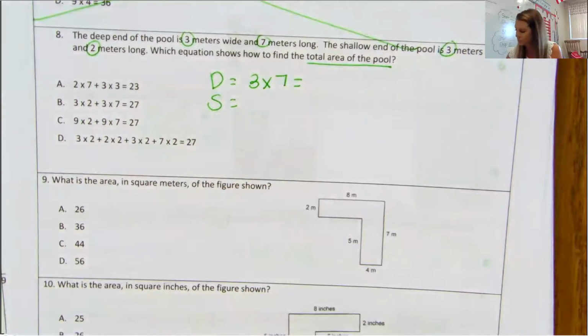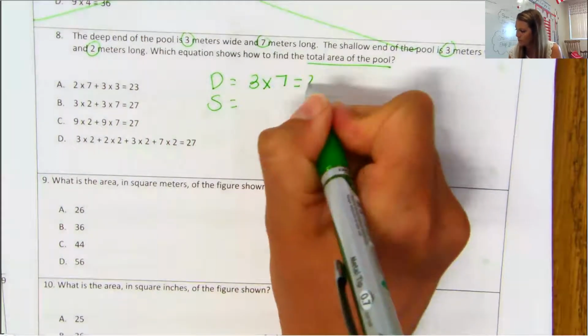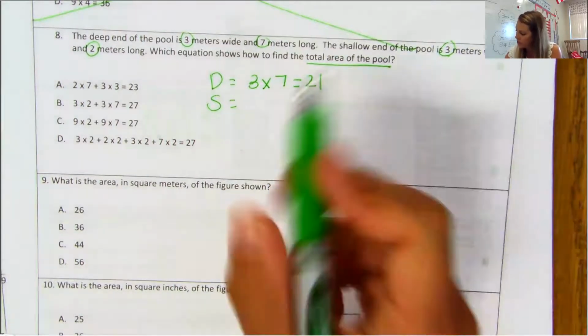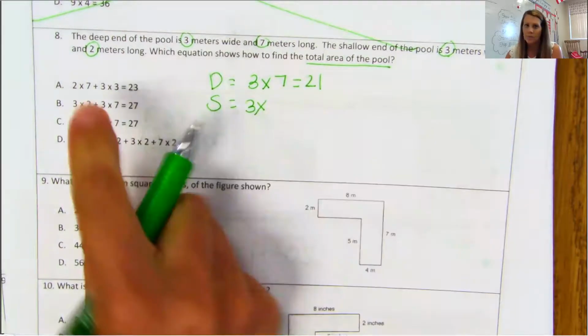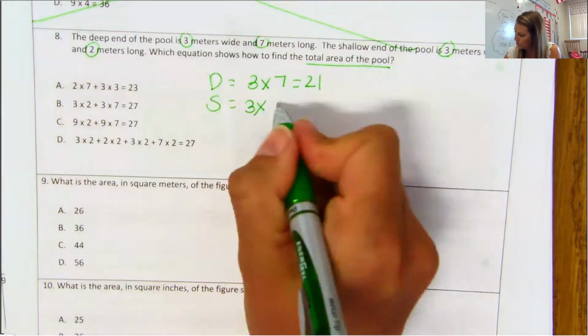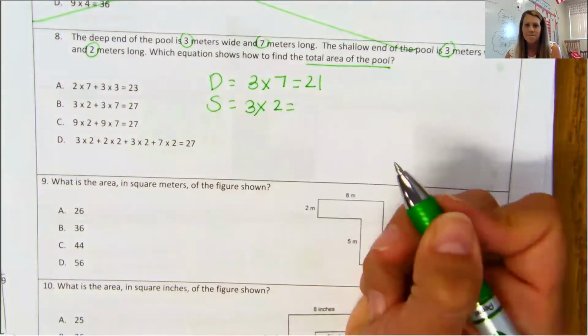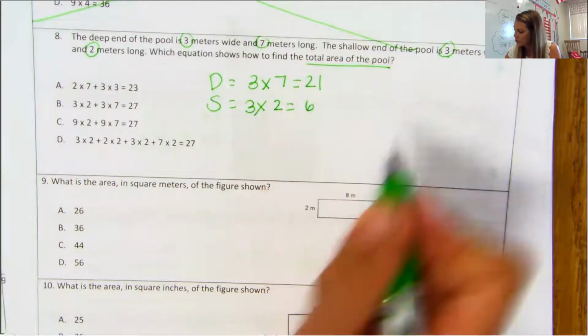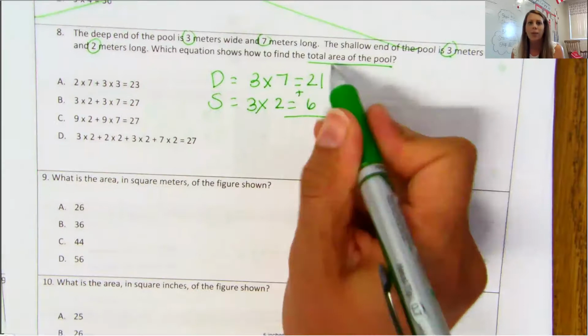Write it down. 21, right? And then our shallow end, we've got 3 times 2, which equals what? 6. So when I add those together, what do I get?